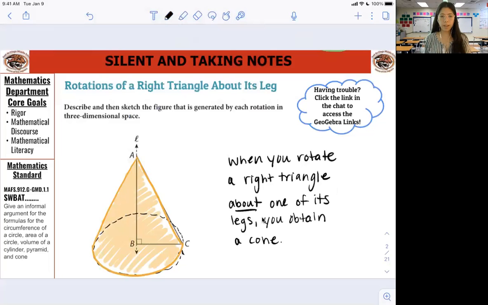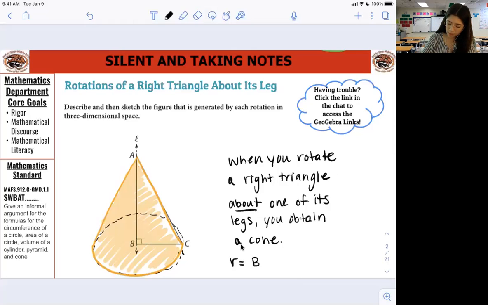You obtain a cone, and that cone is going to have a radius of what? Using this triangle, what would be the radius of the cone? If this is A, B, and C, what's the radius? Good, Jalen.